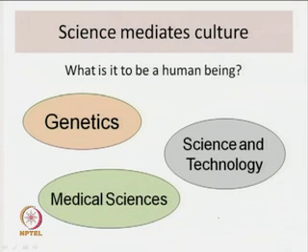For instance, if we ask a question like this, what is it to be a human being? Now, there are of course many ways of defining what a human being is, but from the point of view of science and technology, and also to a large extent, unless one is arguing from a religious point of view, right.